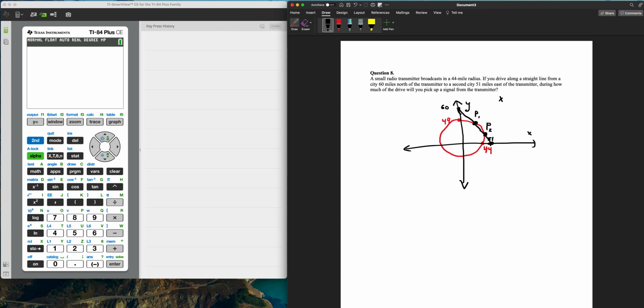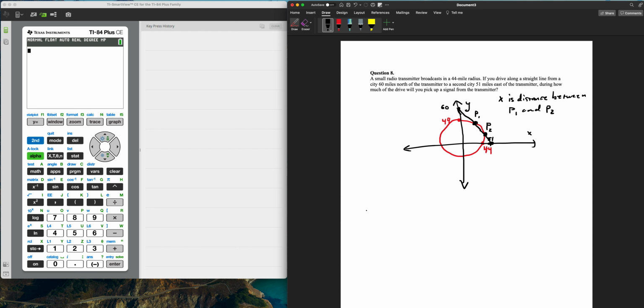So x, the unknown, is the distance between P1 and P2. So we're looking for how long that line segment is from P1 to P2.